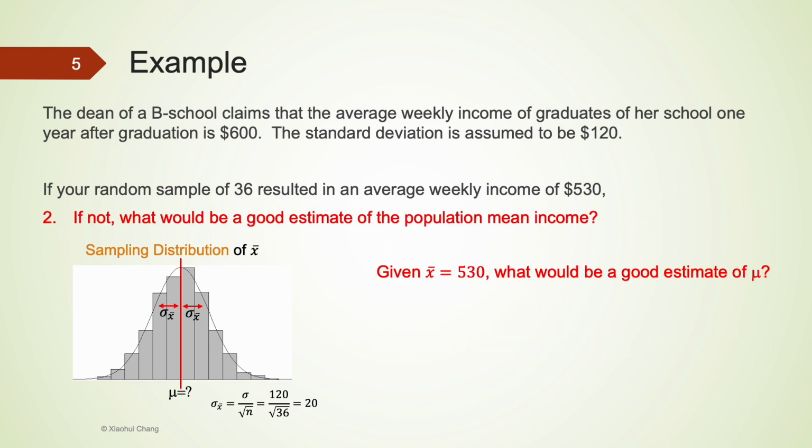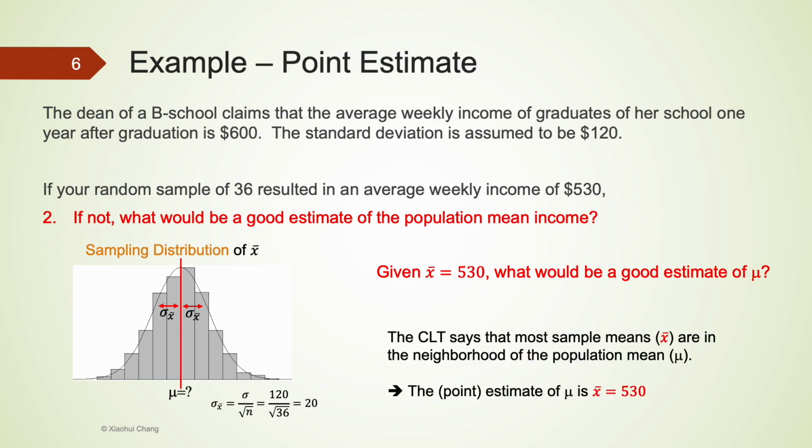Question 2. What would be a good estimate of this population mean income? The sample average is 530, so a natural way to estimate the population average income is to use the sample average, which is 530. This estimate is actually supported by the central limit theorem, because the CLT says that most sample means are in the neighborhood of the true population mean mu.